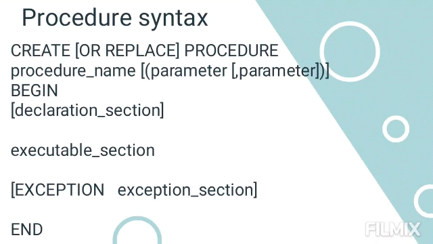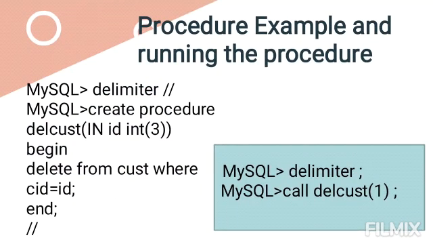Here it contains our 3 sections: create or replace procedure, procedure name, parameter list. We start the procedure with the keyword begin, and we have the 3 sections: declaration section, executable section, exception handling section. Finally, we end with the keyword end. Here is an example of a procedure and its execution.